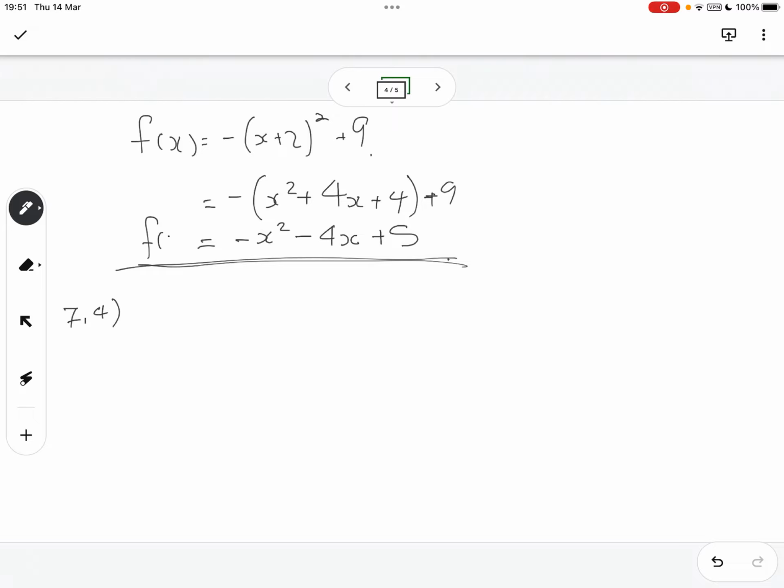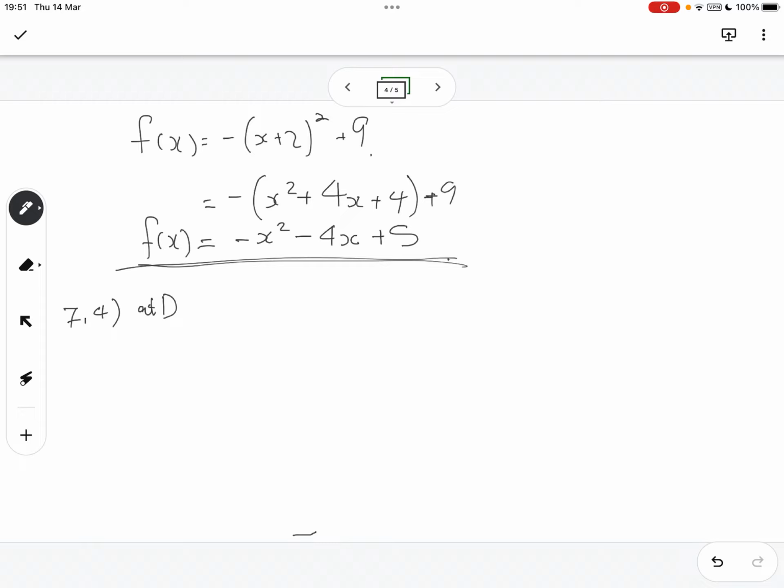And this now becomes the question they lead with into 7.4, which is to say, if f of x is negative x squared minus 4x plus 5, then we must find the x coordinate of D.